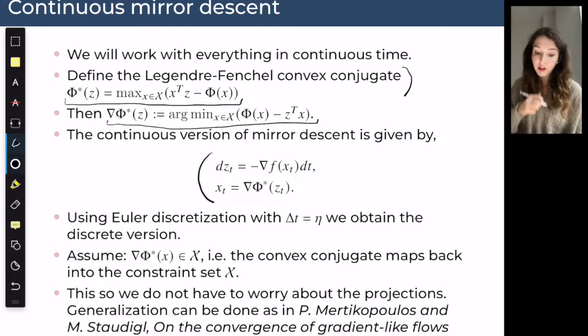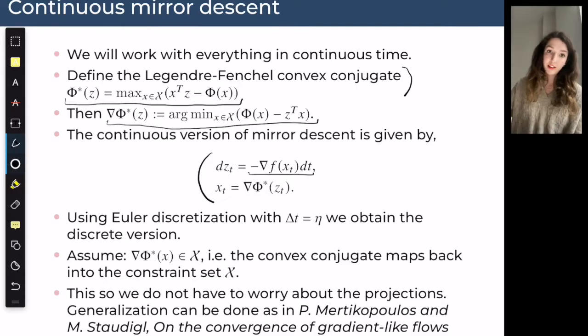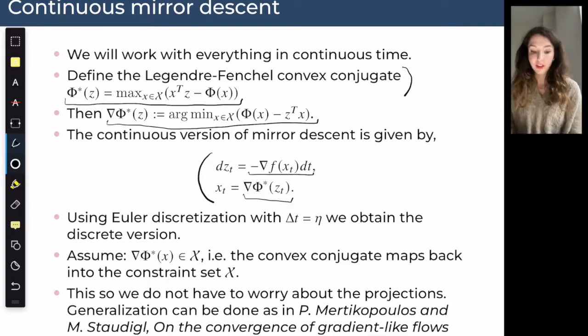So we introduce some variable zt, which is updated using this gradient step, and zt is then transformed back into xt using this gradient of our convex conjugate.